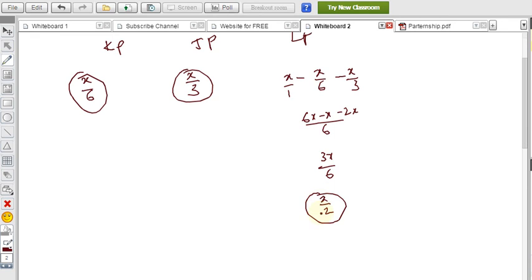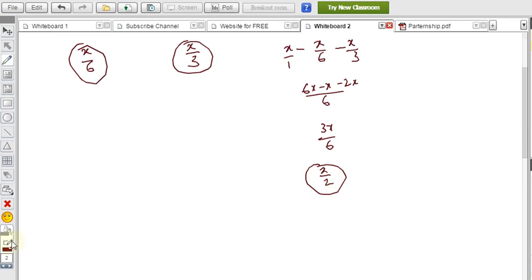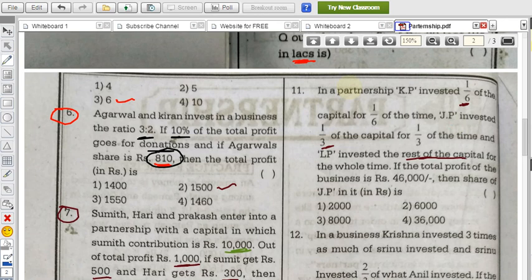Then we need to include the time period. Along with the time period ratios, x by 6 into, x by 3 into, and x by 2 into. So what was the time period for the 3 members? First one is 1/6, second also 1/3, and the last is the whole time.